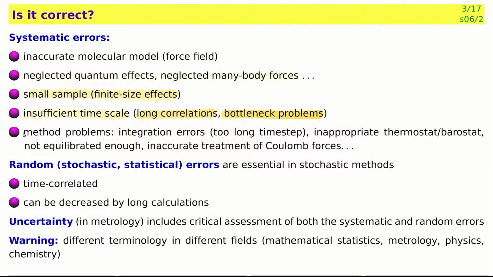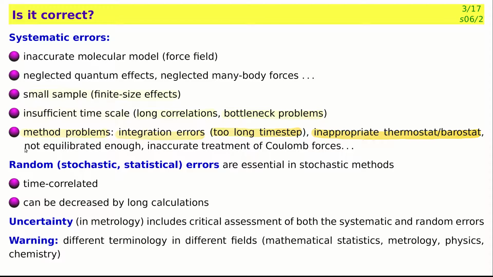Of course, we can have method problems. At a very low level, you know that the numerical integration is subject to inaccuracies. That is, our time step must be short enough, but of course, the shorter the time step, the longer the real time of computation. There are also problems with thermostat and barostat, to choose a good one without artifacts.